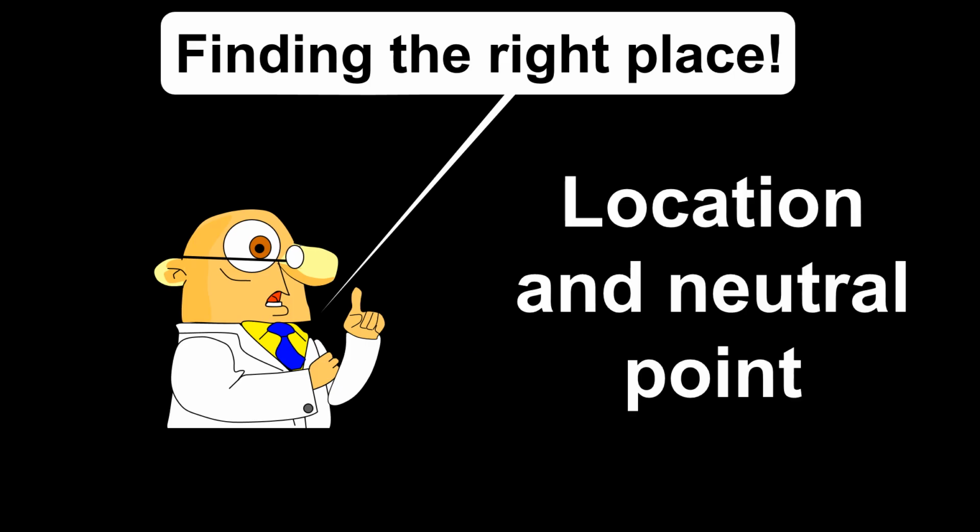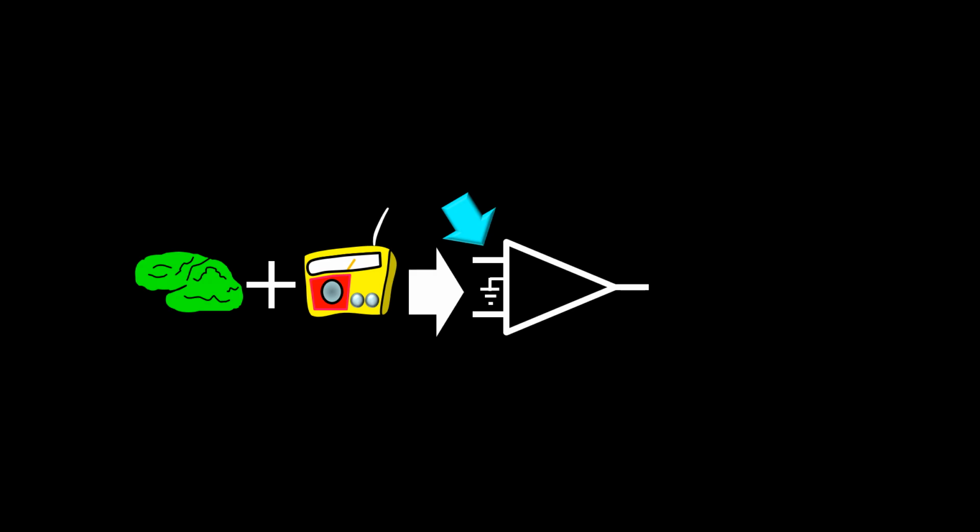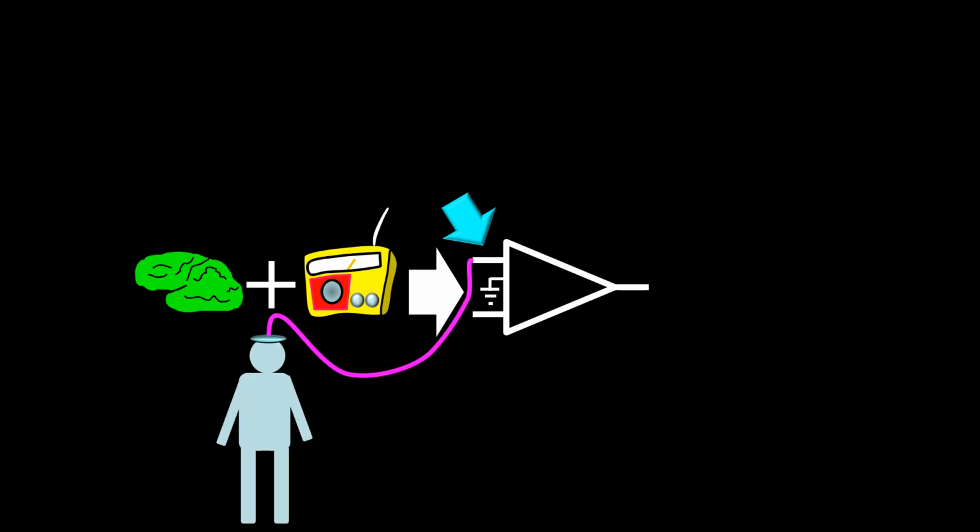The first thing early encephalographers considered to achieve this goal was the location of electrodes in relation to a neutral point. So they decided to connect input 1 of the differential amplifier to an electrode placed in the area of interest, let's say FP1, and to connect input 2 of the same differential amplifier to a ground, here depicted as the ground from a wall electrical socket.